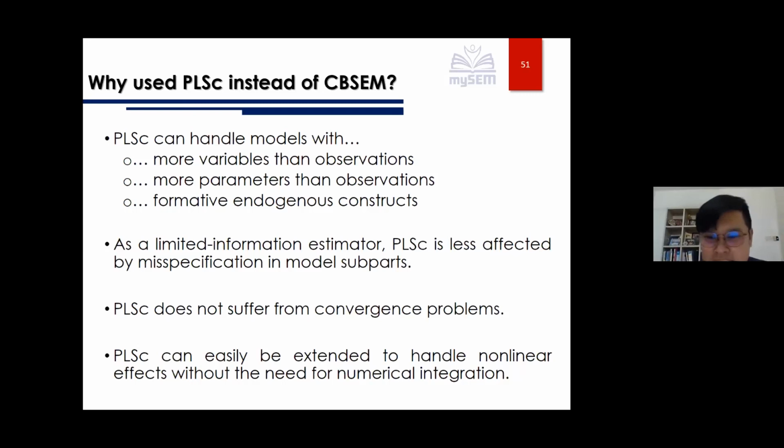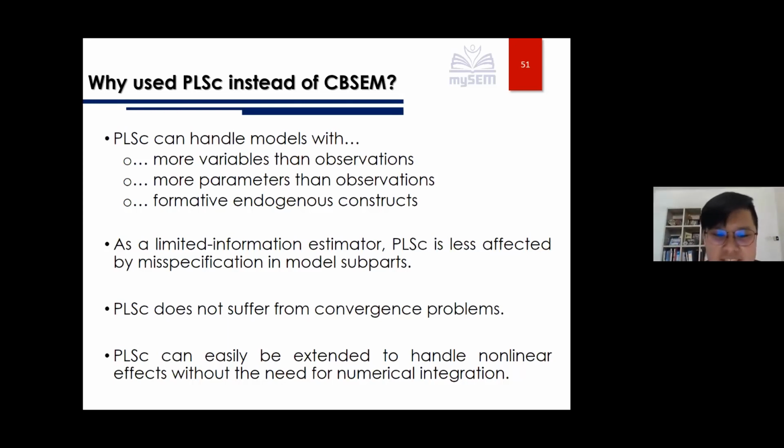And PLSc is less affected by misspecification in a model subpart, and it does not suffer from convergence problems. You can easily run it in PLSc. I think only two software packages use PLSc, SmartPLS and ADANCO, if I'm not wrong.